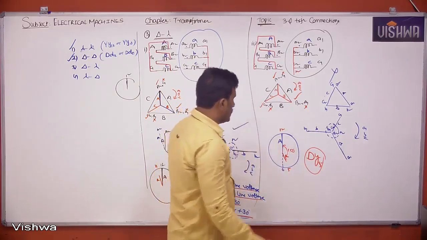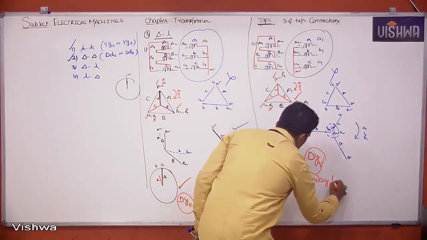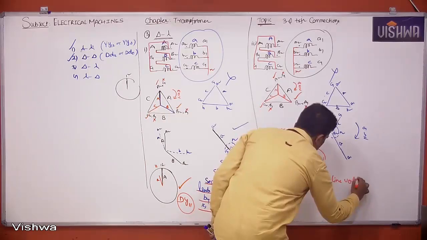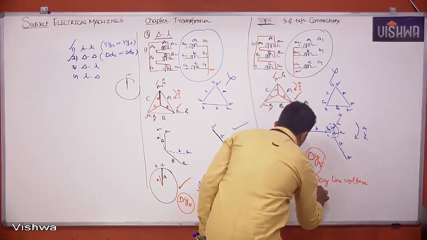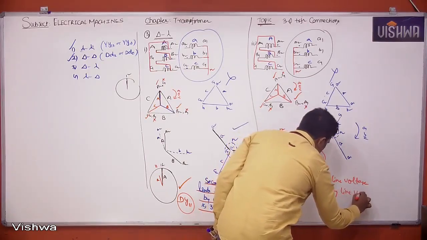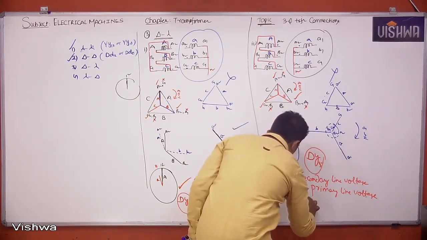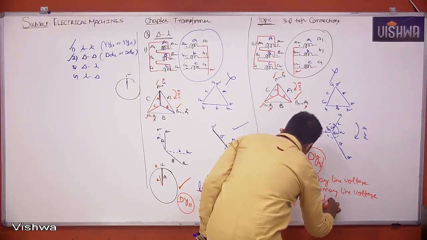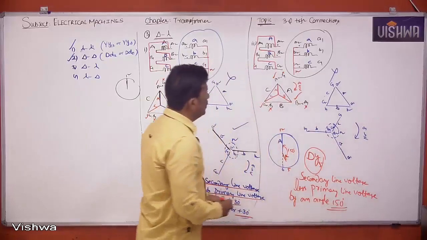So I can say the secondary line voltage lags the primary line voltage by an angle of 150 degrees.